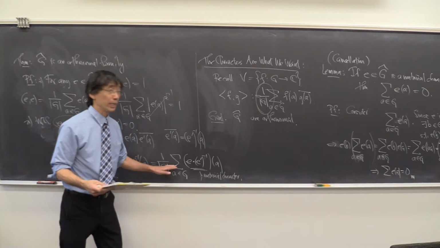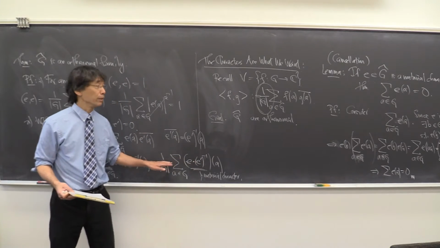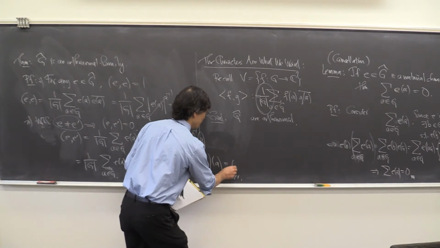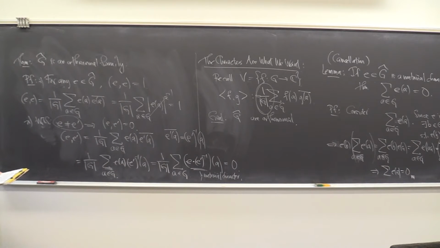And what we're doing here is taking the sum over a non-trivial character, which we just showed is going to be 0. Okay, so these are just simple calculational things.